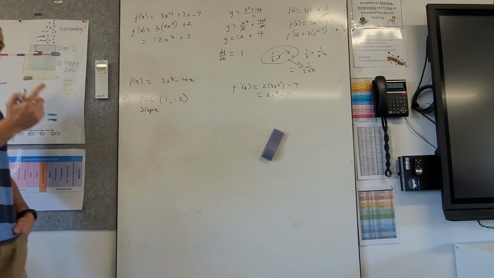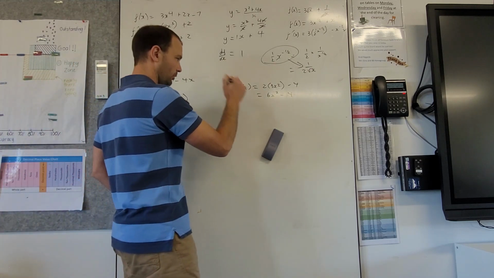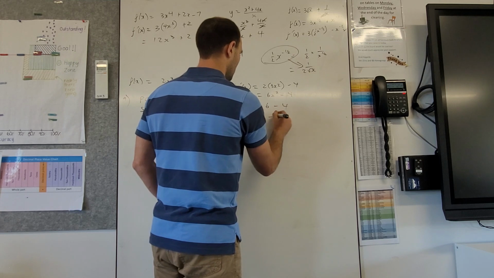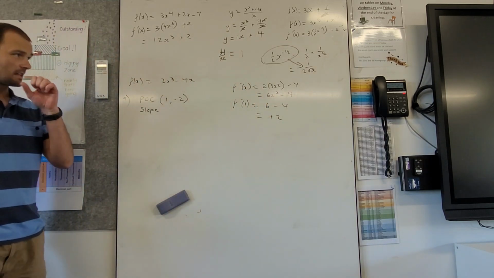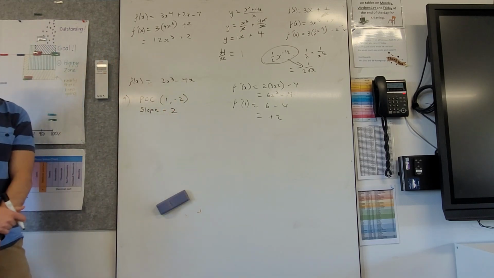Okay, that's the derivative function. We want the slope when x is 1. So we're going to put the number 1 into the derivative function. 6 take 4, we'll get this positive 2. And so we've got the point of contact and we've got the slope.